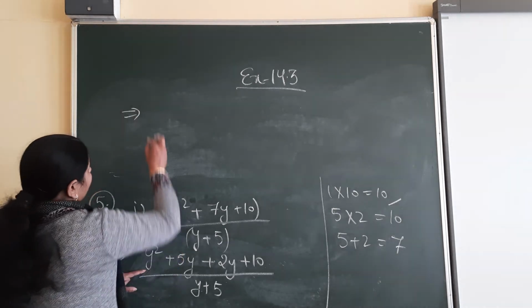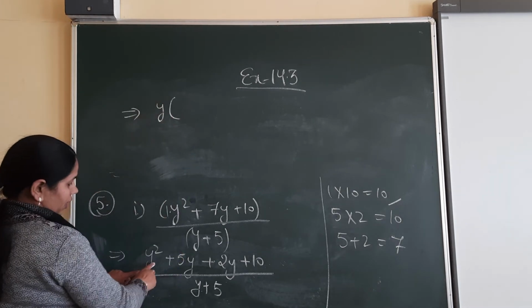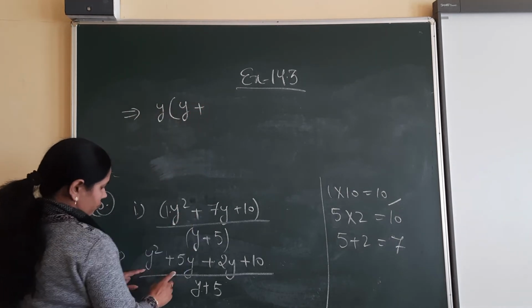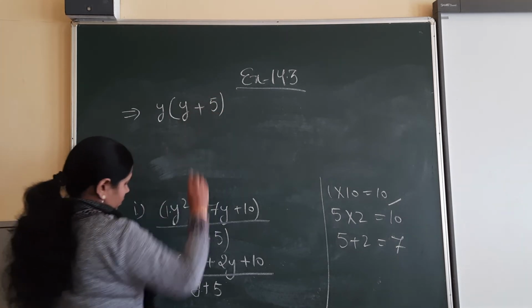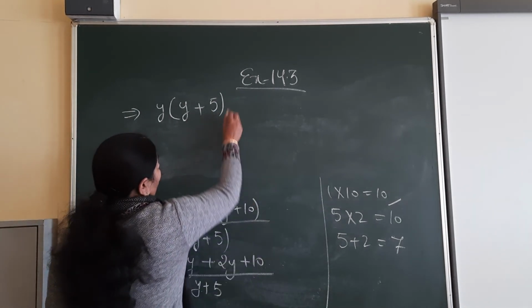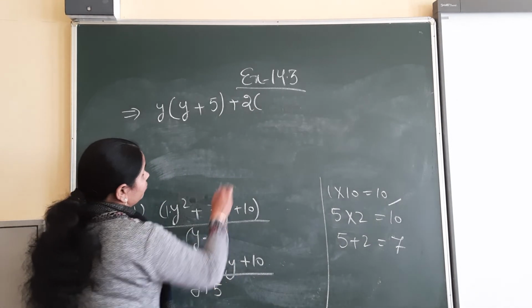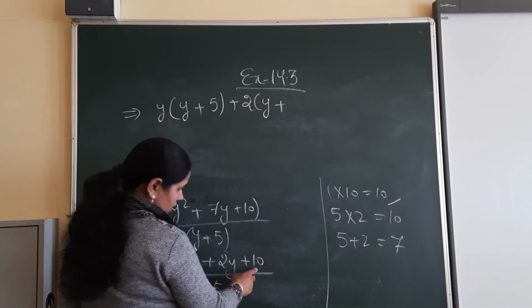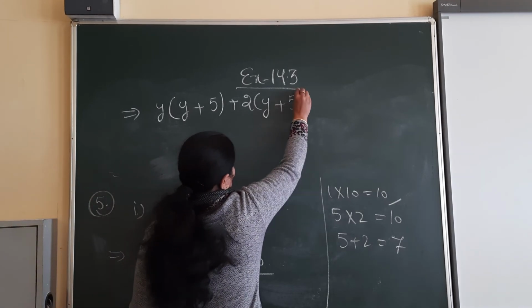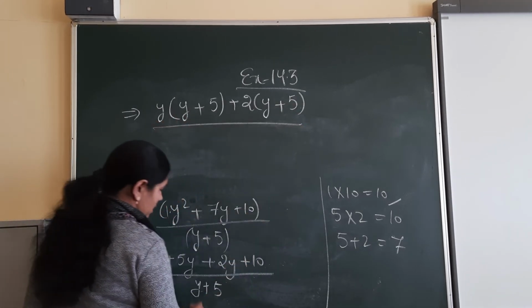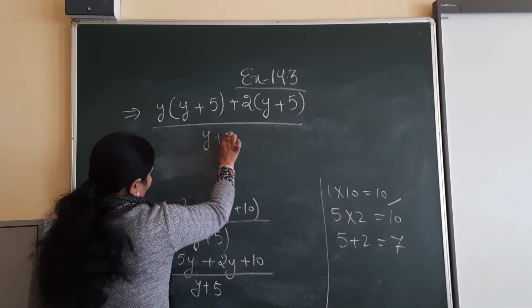So y is common. Now in the bracket, y is remaining from the first term, and from the second term, 5. Now from the third and fourth terms, 2 is common. So write 2 once and write the remaining terms in the bracket. So here y is remaining plus, and for this last term, 2 5s are 10, so 5 is remaining. In the denominator we are seeing y plus 5, so write it as it is.